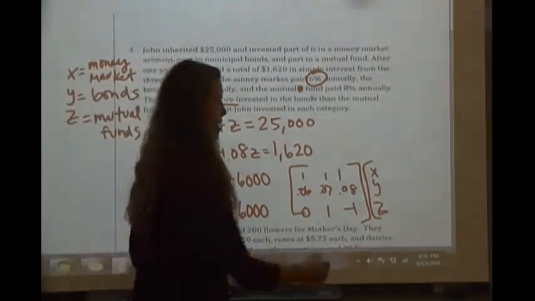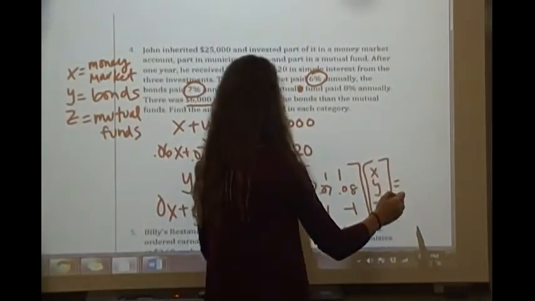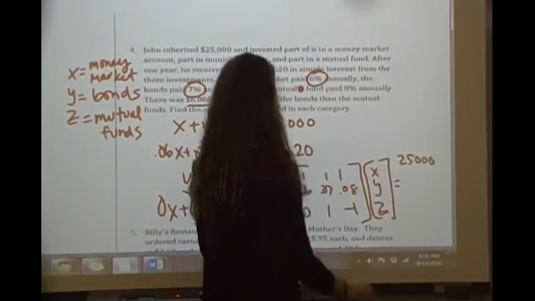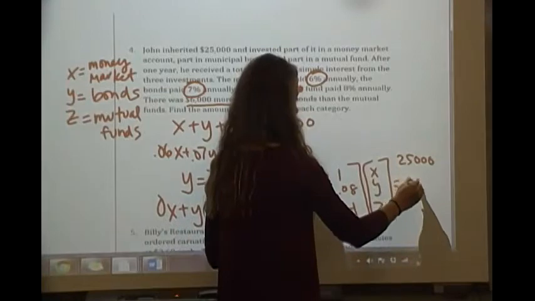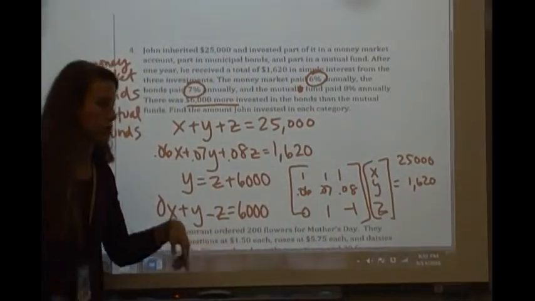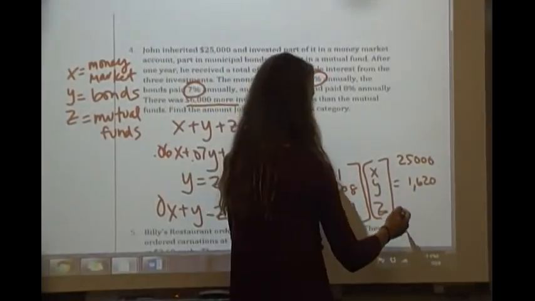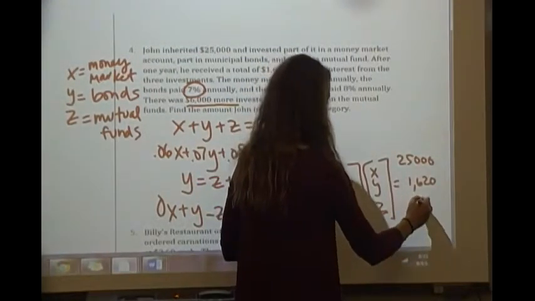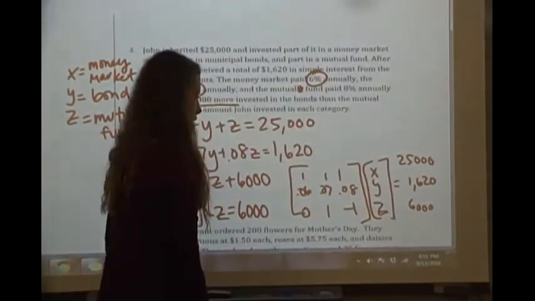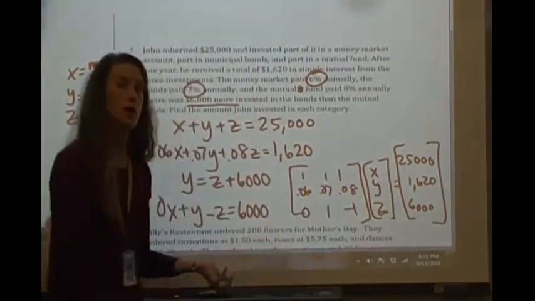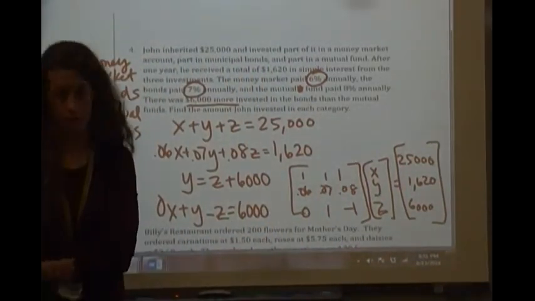And then my constant matrix has the $25,000 that I wish I had, the interest of $1,620, and the $6,000 more that the mutual funds needed added to it, so 6,000 here. And so I'm going to type these in my calculator to determine how much money was in each account to start.